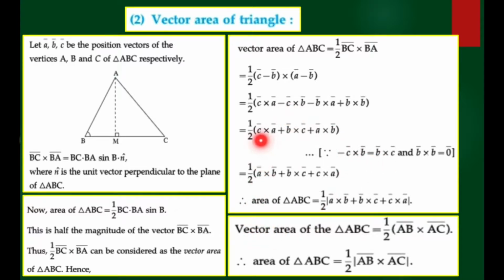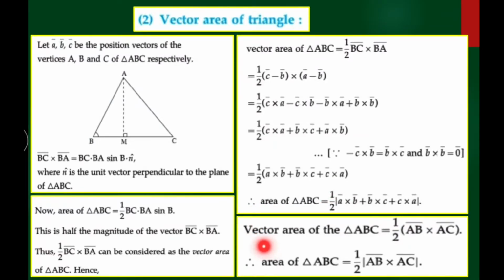So substitute the values. Minus B bar cross A bar we write as A bar cross B bar. Rearrange these values in cyclic order: A bar cross B bar, then B bar cross C bar, then C bar cross A bar. So we remember vector area of triangle ABC equals half of AB bar cross AC bar.